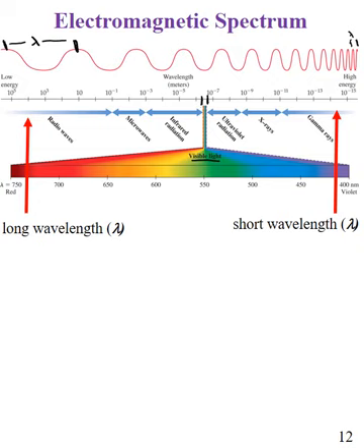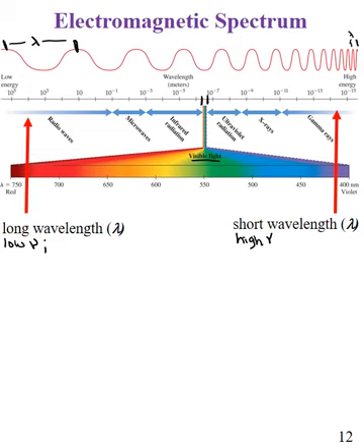Okay, now if on the left side these are long wavelengths, what would we say about the frequency? We would say that the frequency would be very low. Okay, so then on the right side, if we have very short wavelengths, we would say that would be very high frequency.